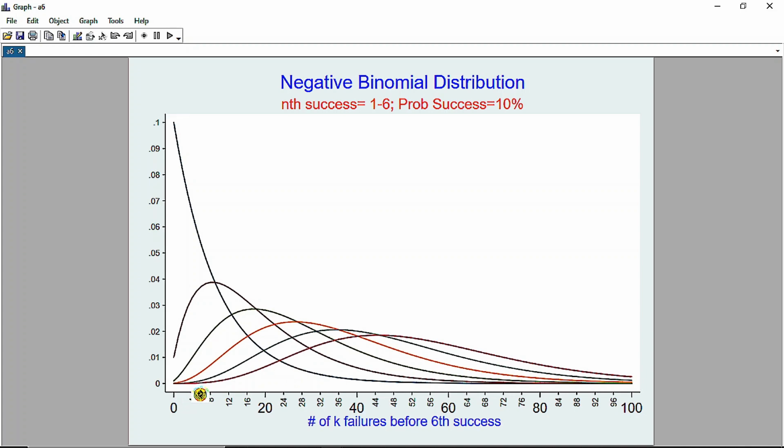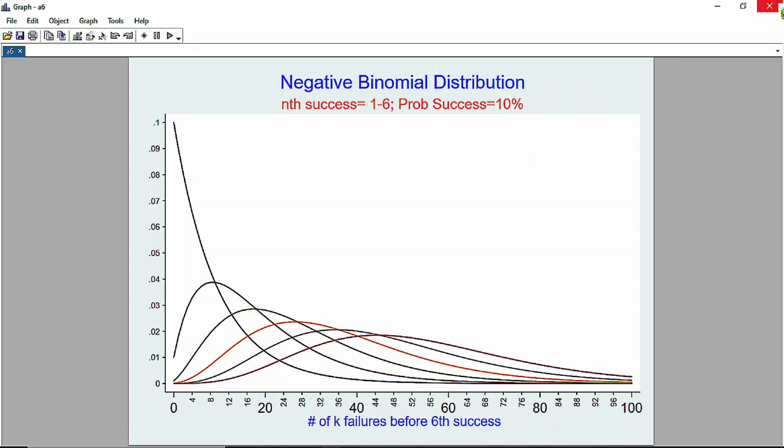The last one, in red color, is the negative binomial distribution graph when the probability of success is 10% and we are going to get the 6th success after so many failures.